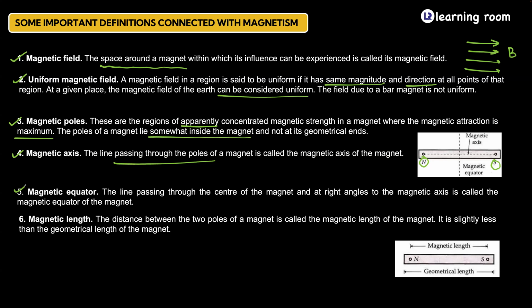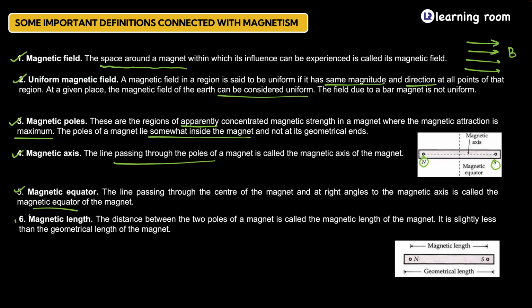If I take this to be the center, and I think of an axis which is passing through the center and perpendicular to the magnetic axis, then this line is called the magnetic equator. I repeat, the line passing through the center of the magnet and at right angles to the magnetic axis is called the magnetic equator of the magnet.